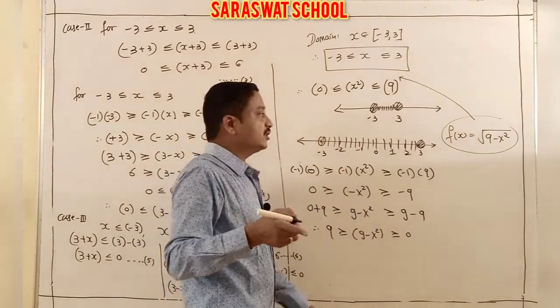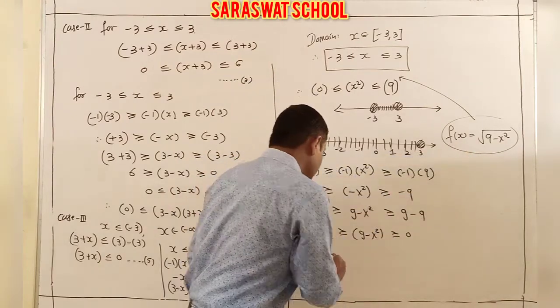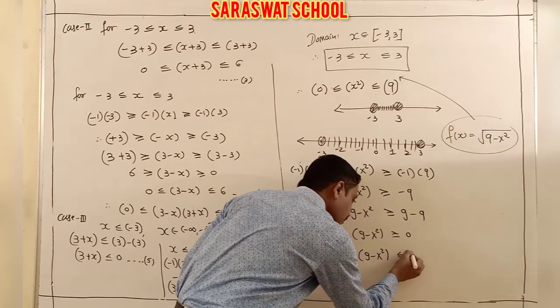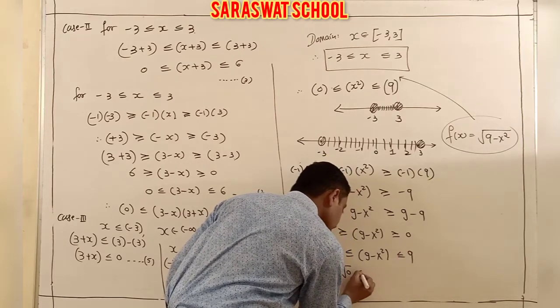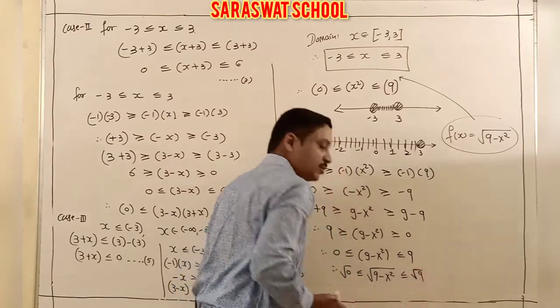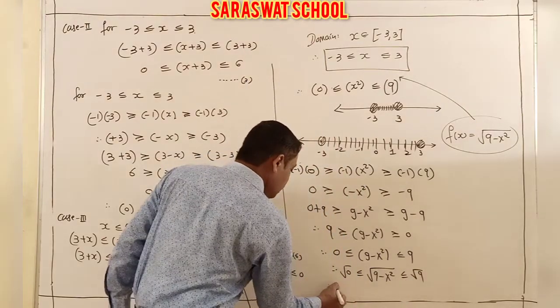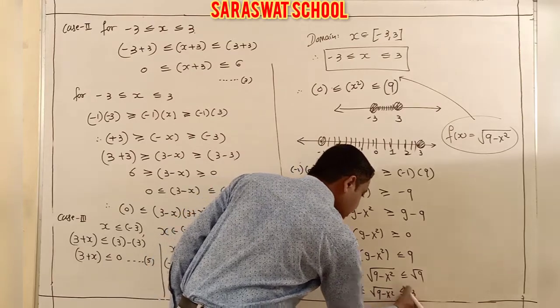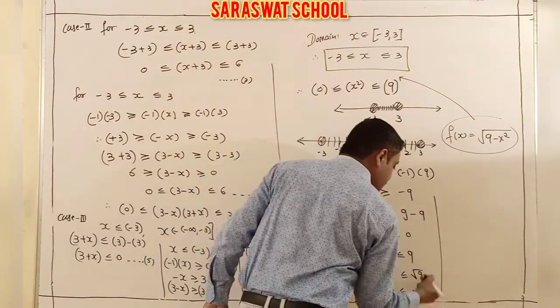But I want it in order, so first rearrange 0 to 9 and take the square root. Each term, take the square root. So definitely this 0 to 3 is the square root of 9 minus x square, and that is my range.